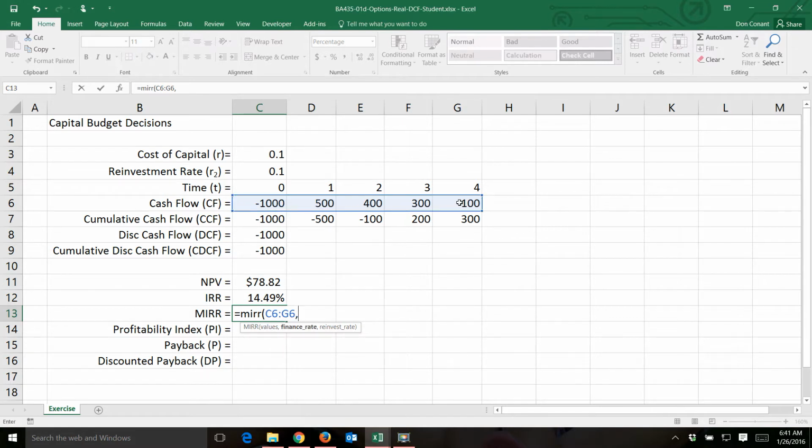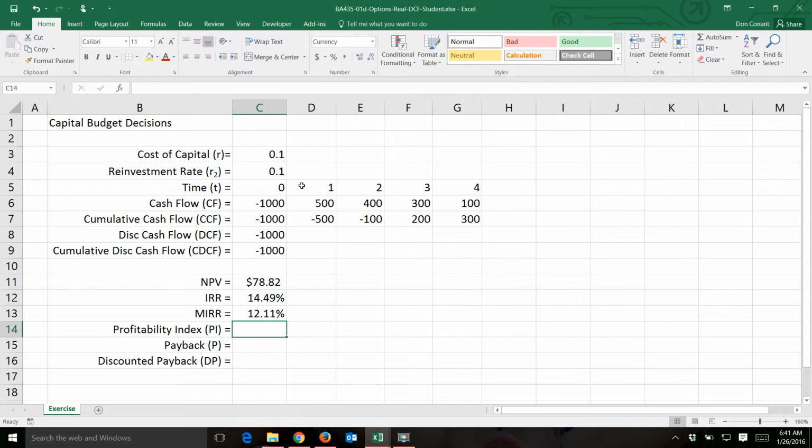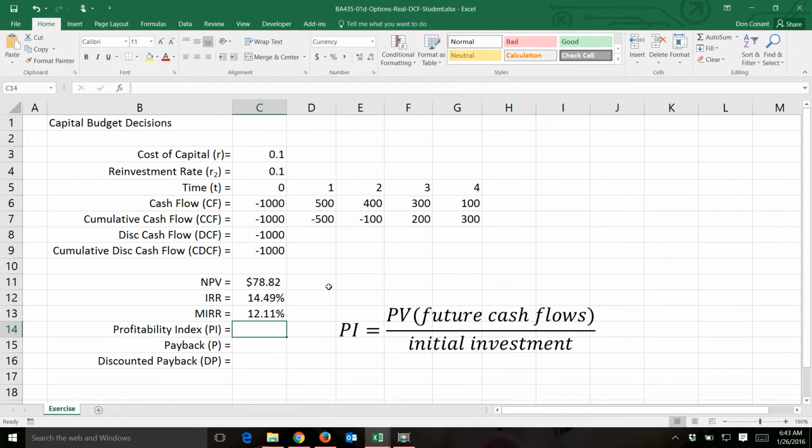And then it wants to know the finance rate, which is 10%, and the anticipated reinvestment rate, which is, in our model, 10%. We get 12.11%. That is correct.